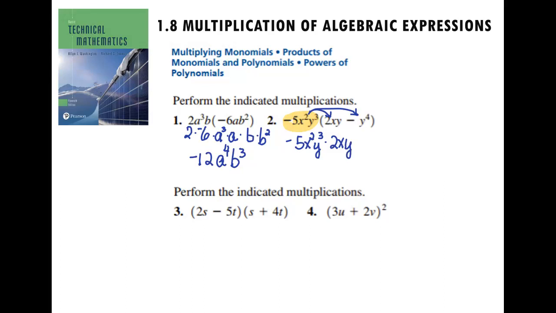And here we got a negative, I'm going to just put a plus sign here, plus negative 5x squared y cubed times negative y to the fourth.